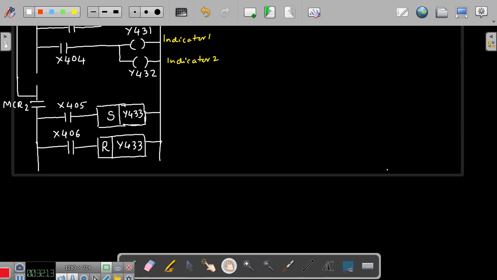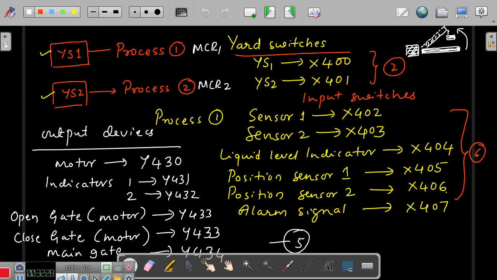Okay. So then, followed by this, I have one more switch, let me call this X407. Let me see, X407. Yes, this is the alarm signal.